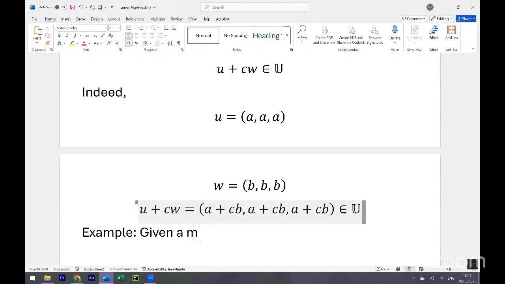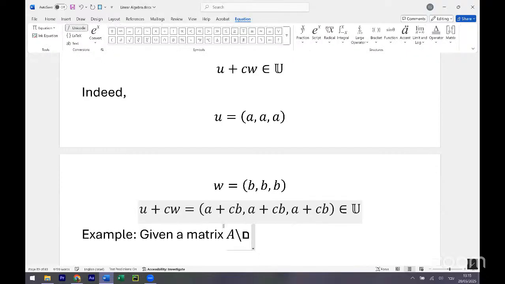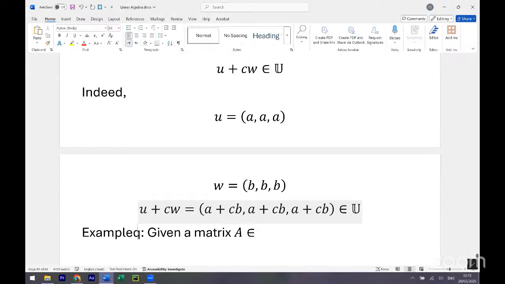Given a matrix A, it's a rather important example. It's an example slash definition.